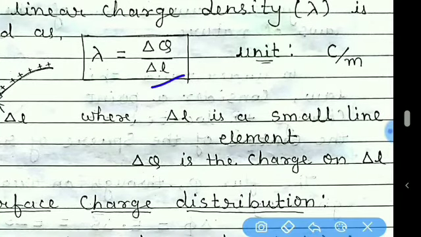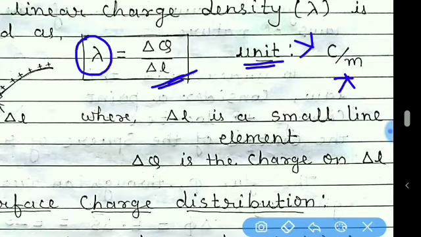Now we have this formula. Sometimes in MCQ they may ask about the unit or the dimension of linear charge density. So it is very simple. The unit of linear charge density will be coulomb per meter. Why is it coulomb per meter?